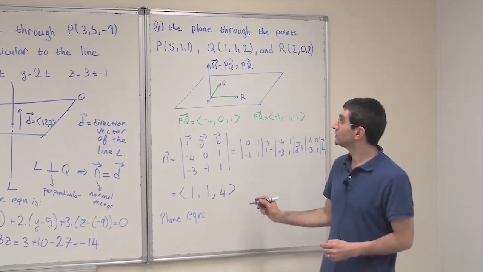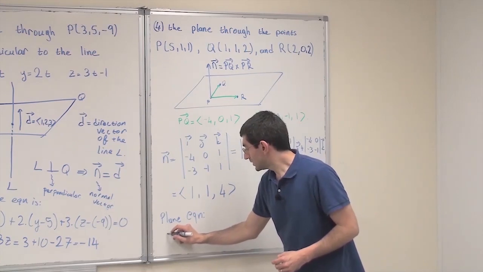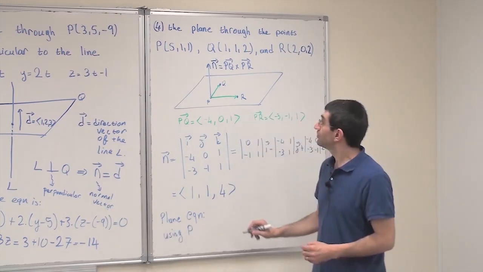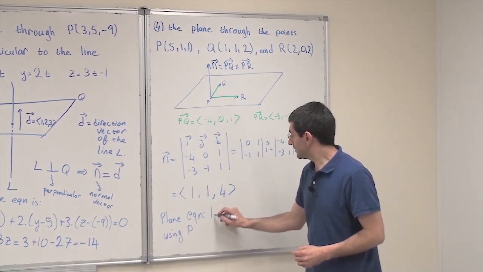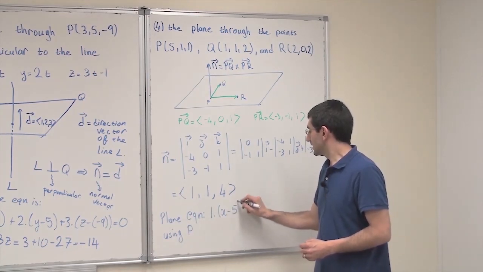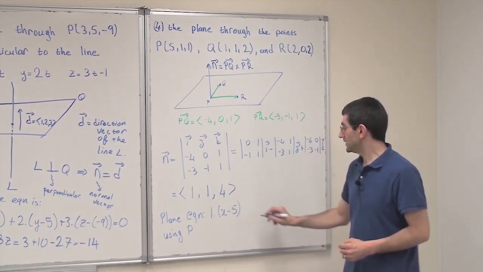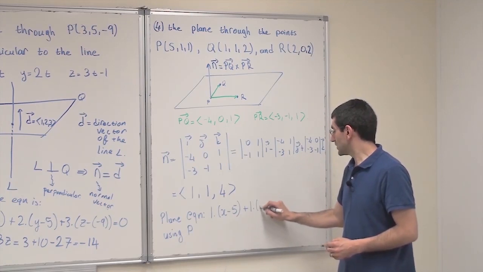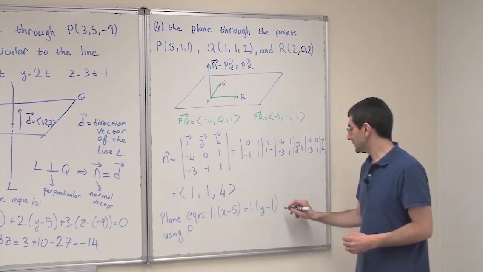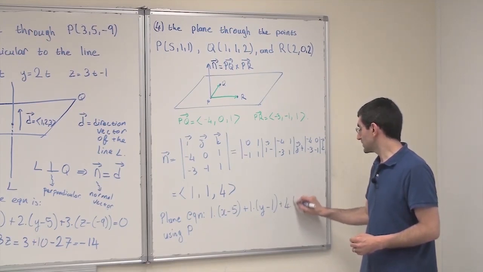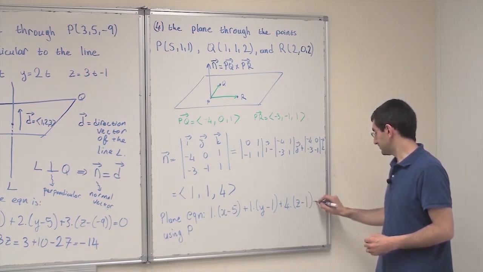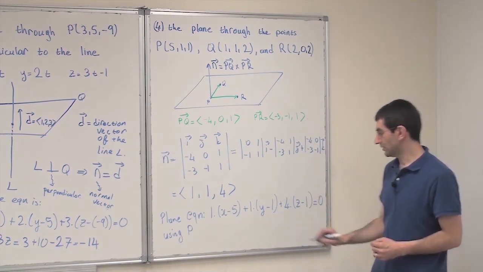So I'm going to choose the point P. Then we will have 1 times x minus the x coordinate of the point P, plus 1 times y minus the y coordinate of point P, and plus 4 times z minus the z coordinate of the point P. That's all equal to 0.